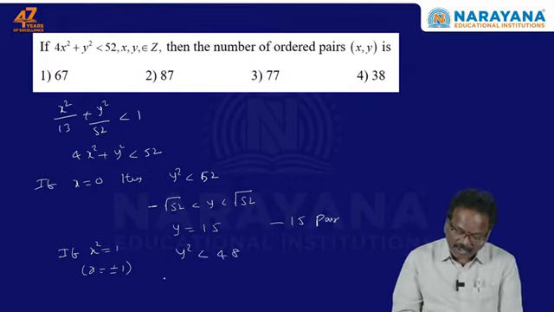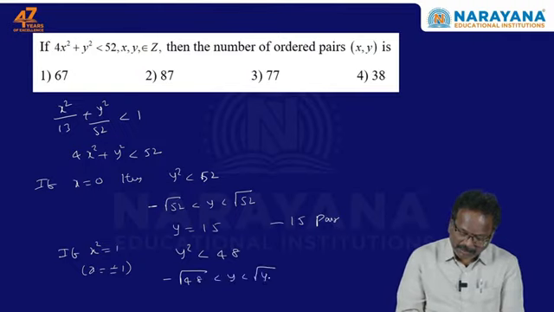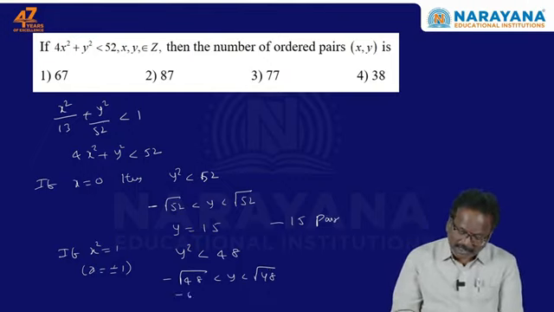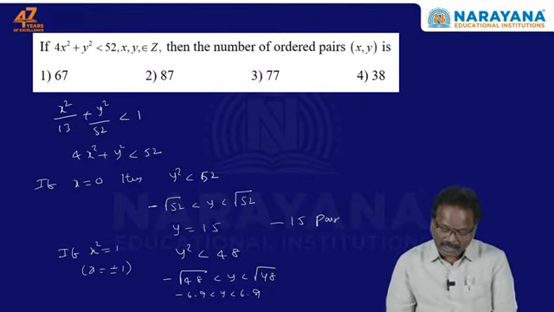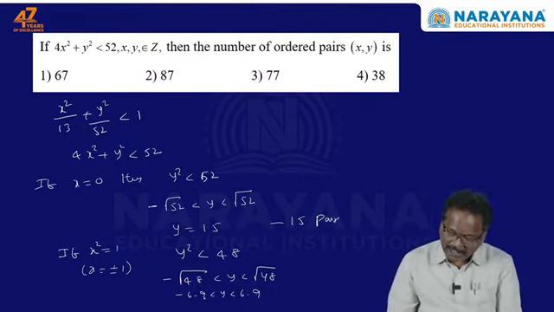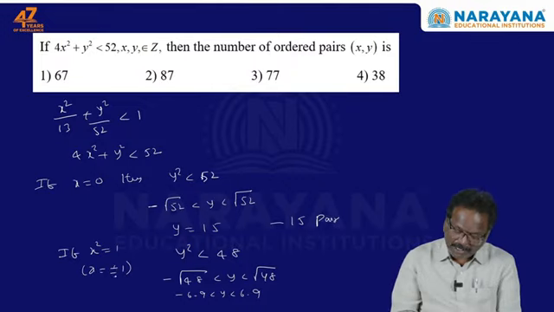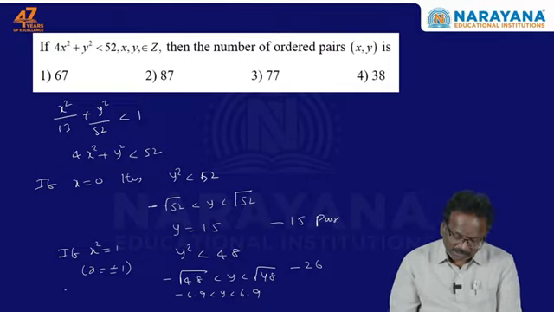Y lies between minus root 48 and plus root 48, which means minus 6.9 less than y less than 6.9. Here 13 values are possible for y. Here x equals plus or minus 1, y 13, means total number of ordered pairs are 26. With plus 1, 13, with minus 1 also 13 pairs will come.